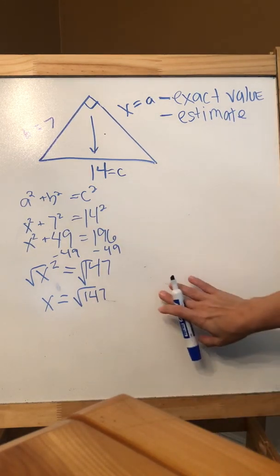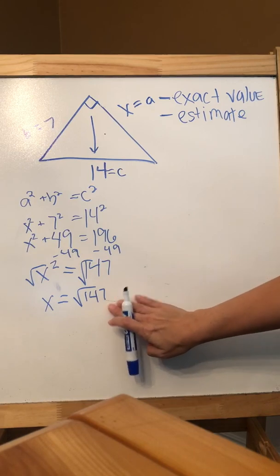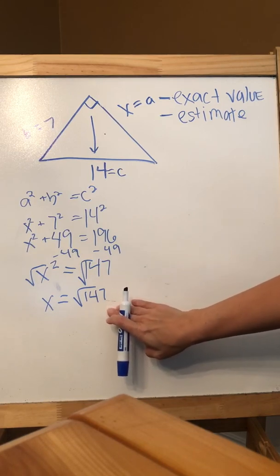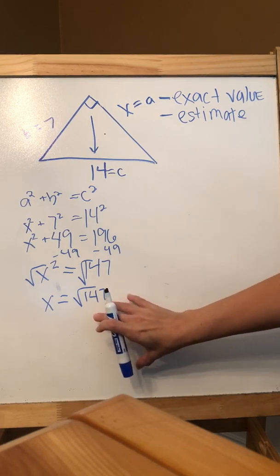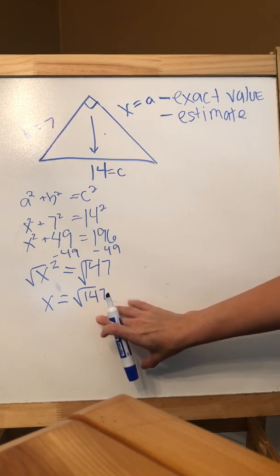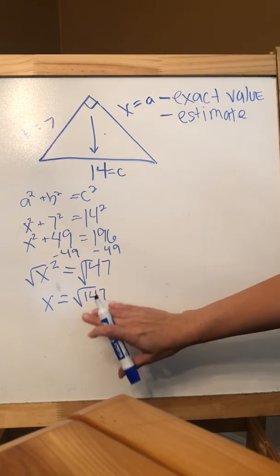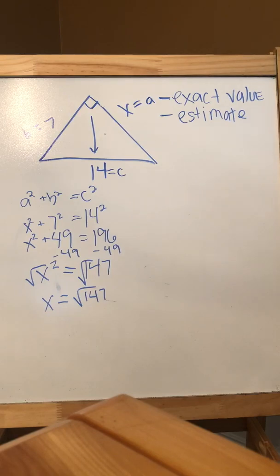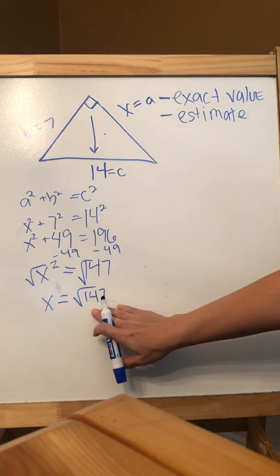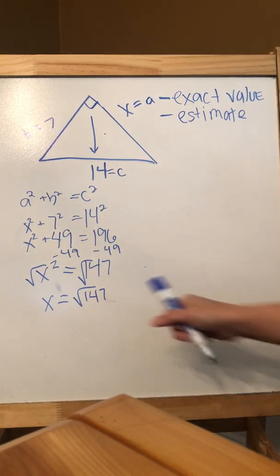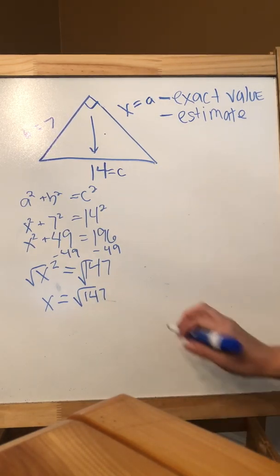And so maybe you then round to the nearest tenths or hundredths. That would be an estimation, because whatever you do and you round, if you square what you've rounded, you will not come out with this. It will not be the same answer. So to get the exact answer, you're going to need to leave it in square root form, but you're going to need to simplify this root.